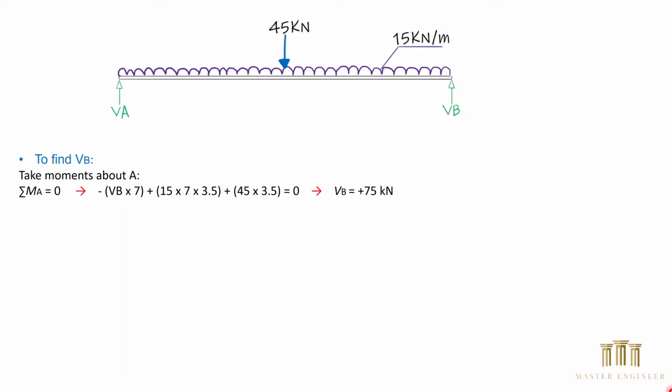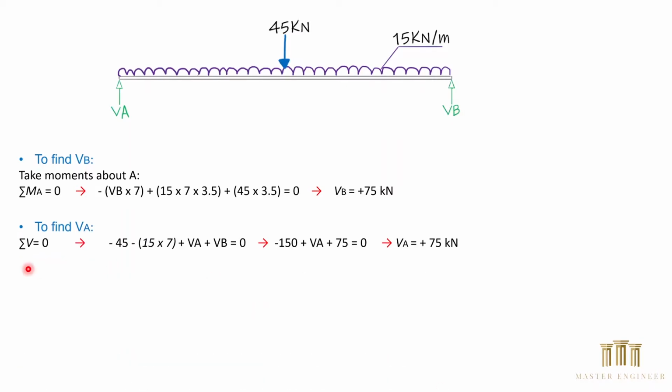We move on to find VA. The sum of all vertical forces equals 0. Negative 45 kilonewton acting downward, negative 15 kilonewton UDL multiplied by the total length, 7, which means every meter there will be 15 kilonewton acting on the beam.